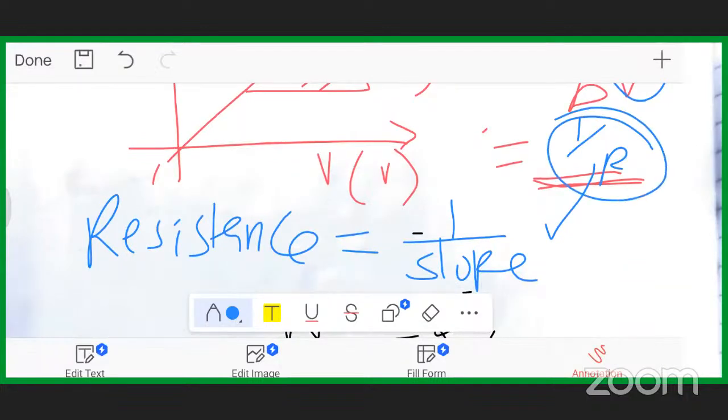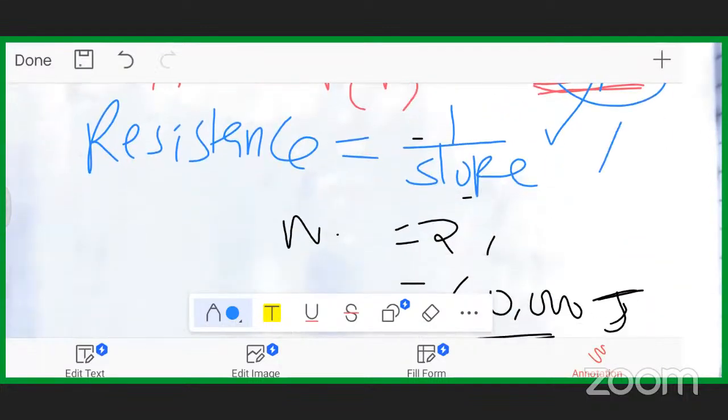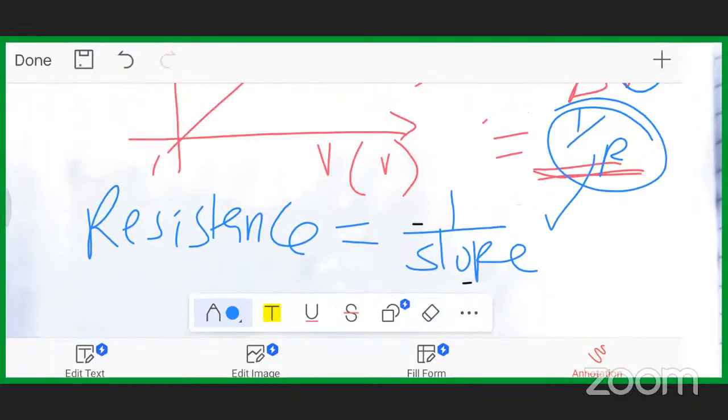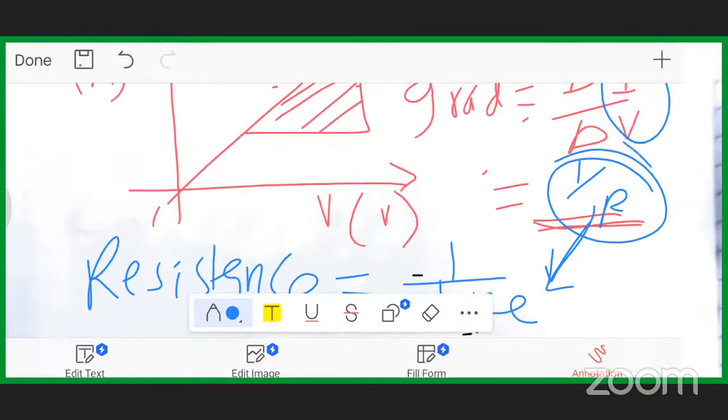And 1 over R is something called conductance. We shall come to that idea later. It's just the reciprocal of the resistance, and its unit you can get. What is the unit of that?